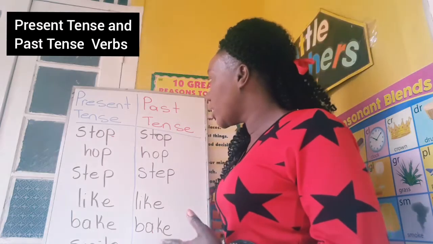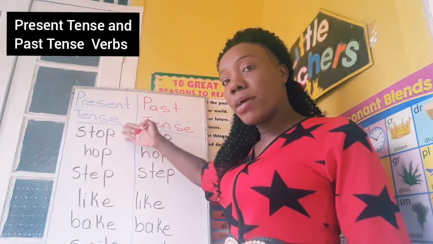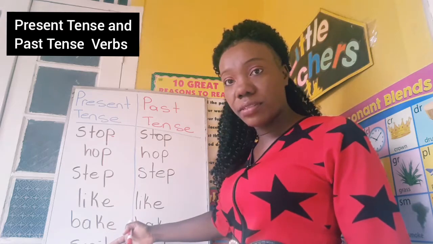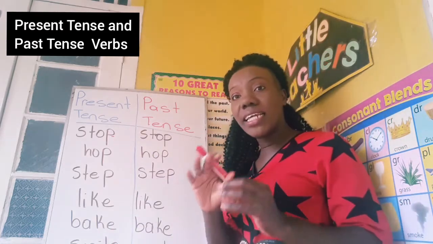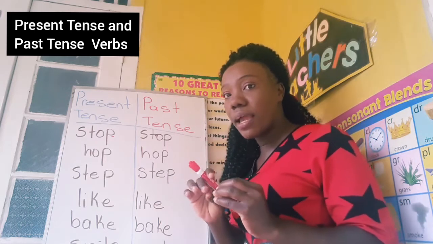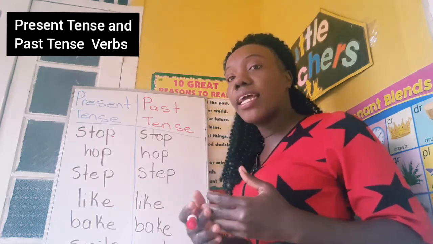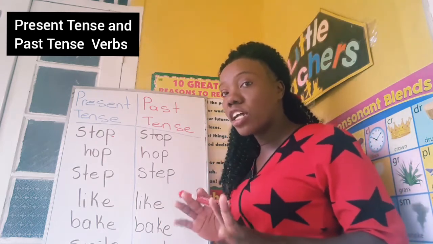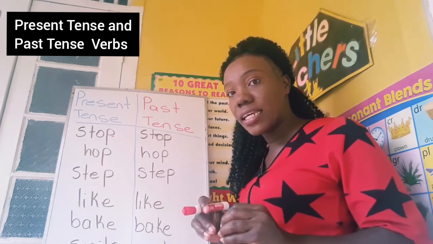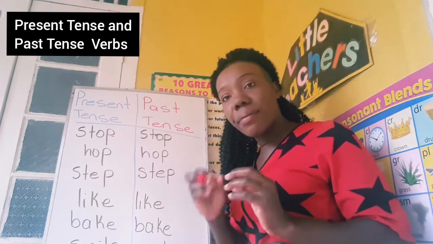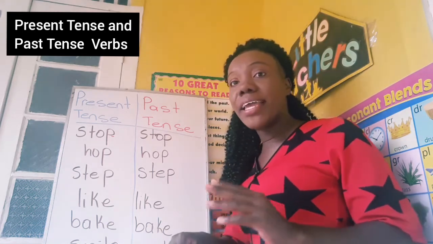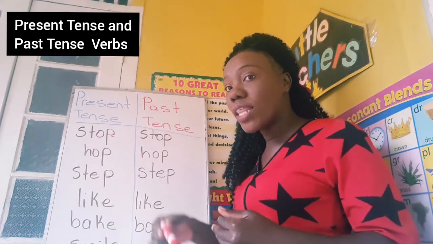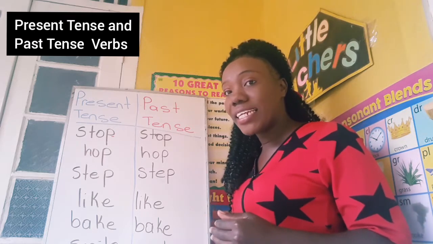We're moving on to some more present tense verbs. Now for these verbs, we're going to still add ed to them, but we're going to do something special to them before we add the ed. Because for some present tense verbs, we make them past tense by doing something with the last letter, then adding ed.